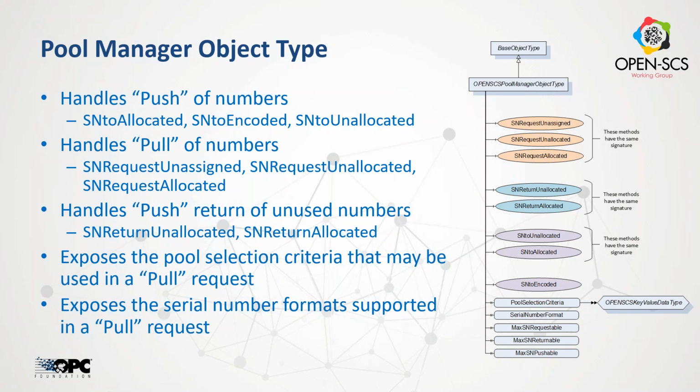But yes, I need to expose the pool of criteria that will allow me to decide which set of numbers that I want to acquire, and then what set of serial number formats can I support in the pool request as well. And then there's a couple other things such as how many can I ask for at once, how many can you push to me at once, all these other pieces associated with it.